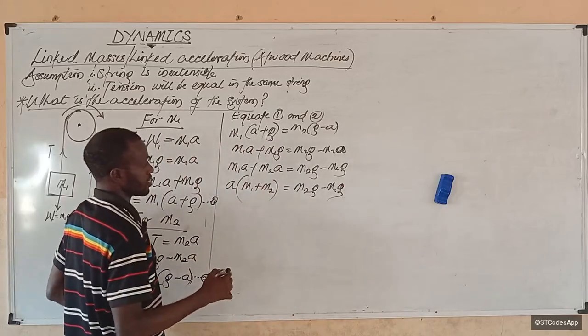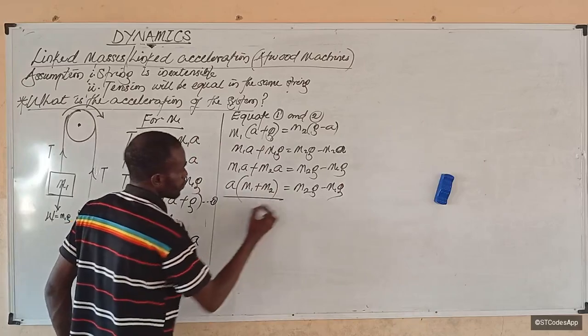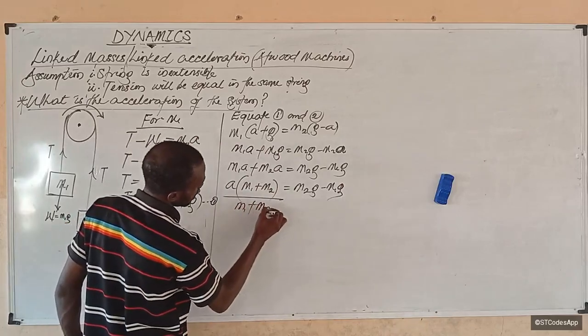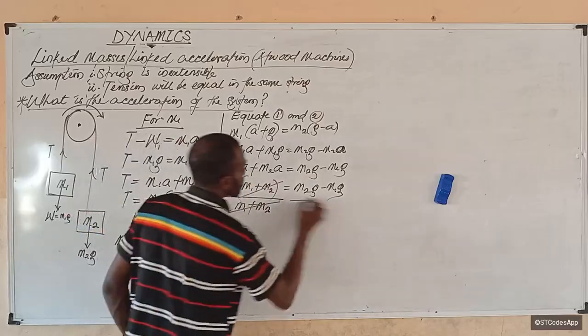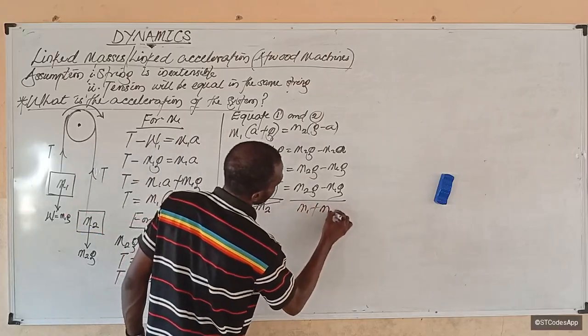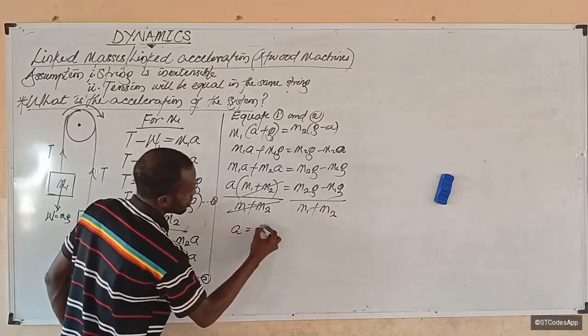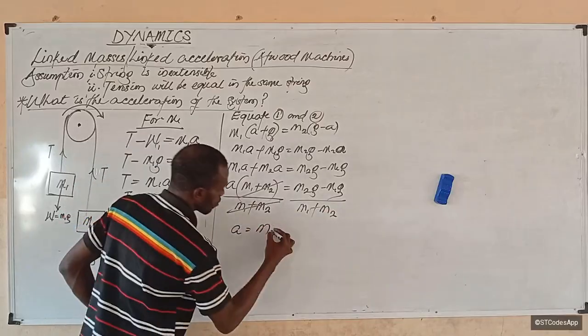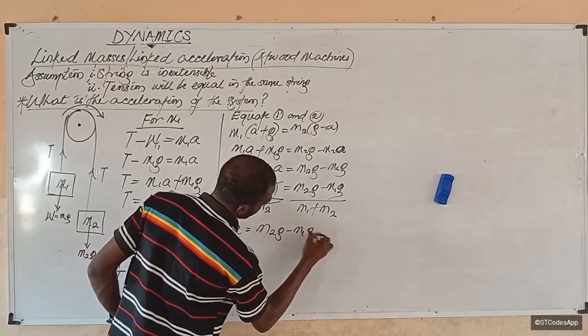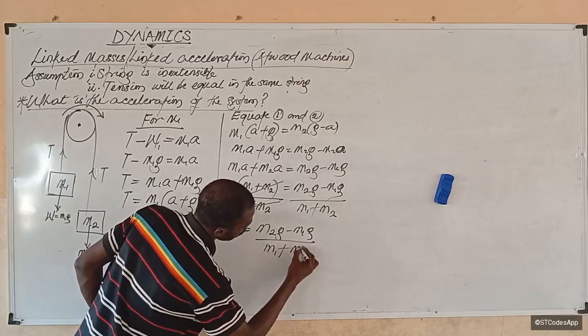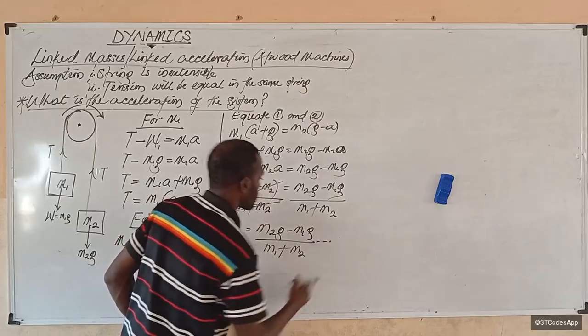So we divide both sides by M1 plus M2. This takes care of this. Therefore, the acceleration of this system will be M2G minus M1G over M1 plus M2. So what was the use of this whole thing?